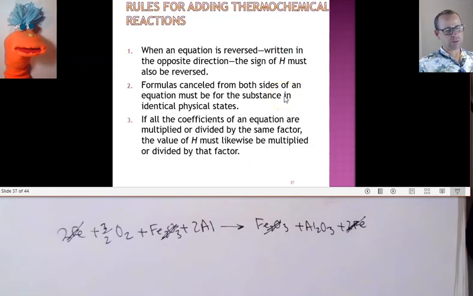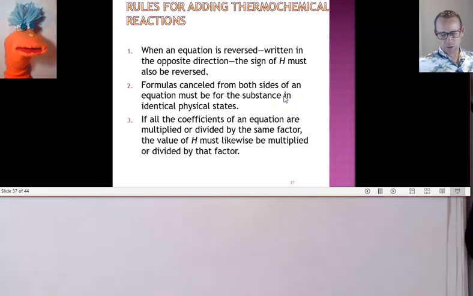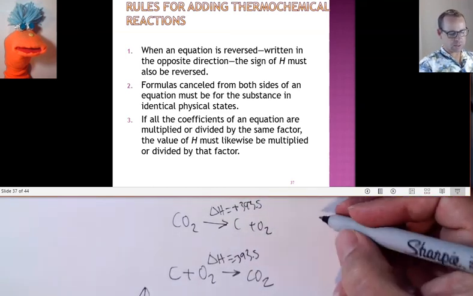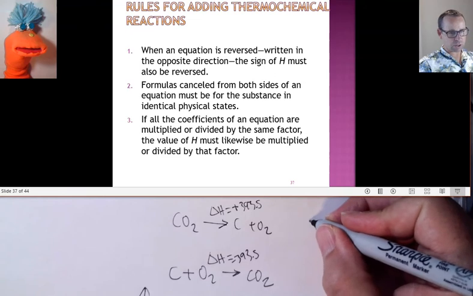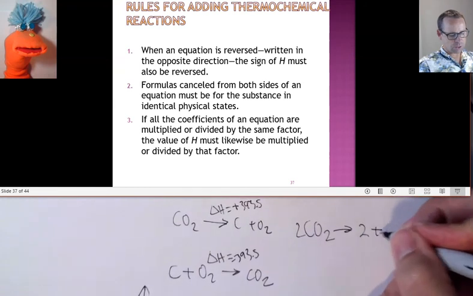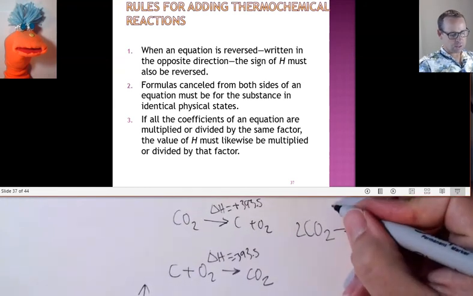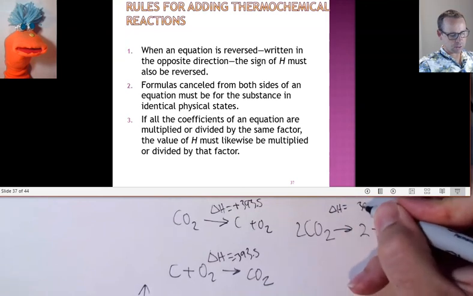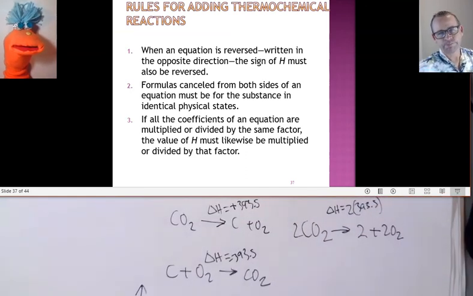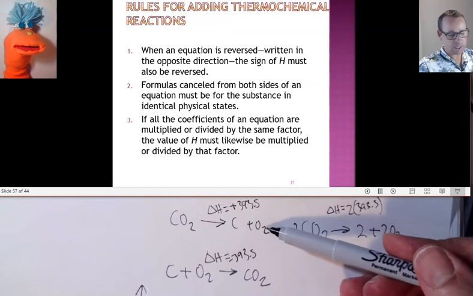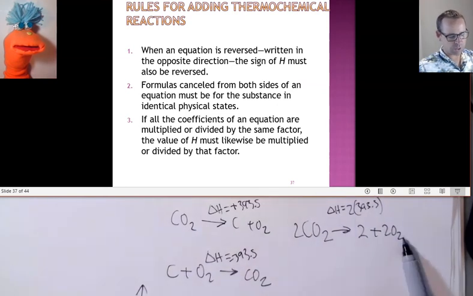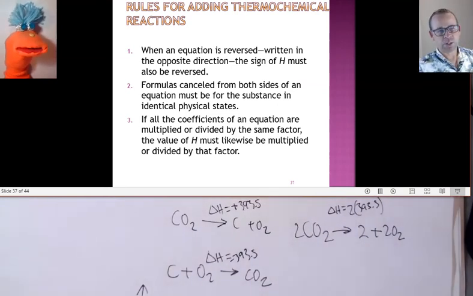Also, like we noted, if you reverse a chemical reaction, it will change the sign on the delta H. Another thing that we could think about is if I took 2 carbon dioxides and produced 2 carbons and 2 molecules of oxygen gas, the delta H for this would not be the 393.5, but it would be 2 times the 393.5, which makes sense because we just said that if you take this and add it to another one of these, it would be that times 2, right? So putting 2 in front is kind of the same as adding it to itself.